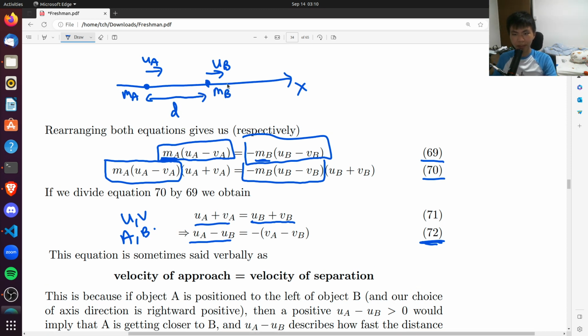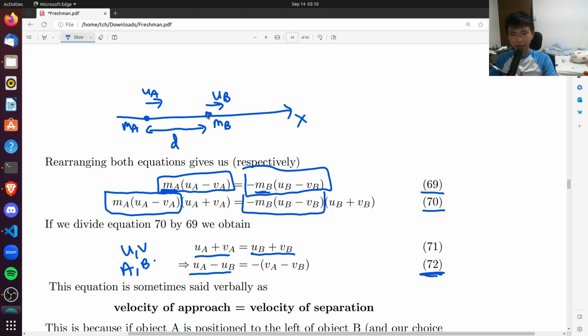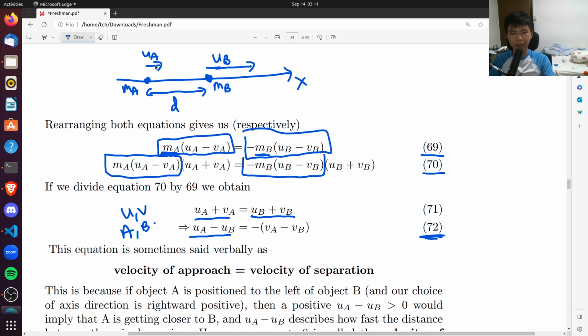If the initial velocities were such that UB is bigger than UA, then mass B is moving further and further away from mass A, so they will never collide. So the collision happens if and only if UA is bigger than UB.